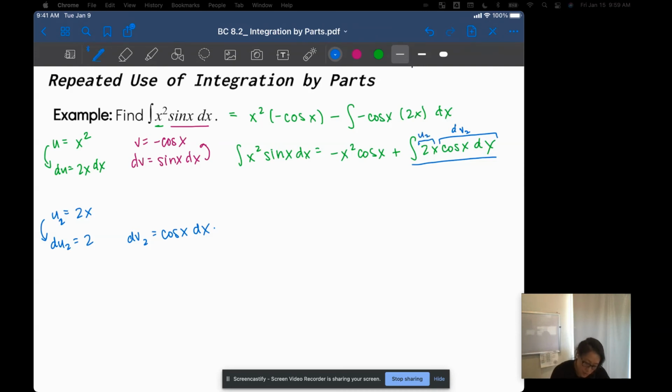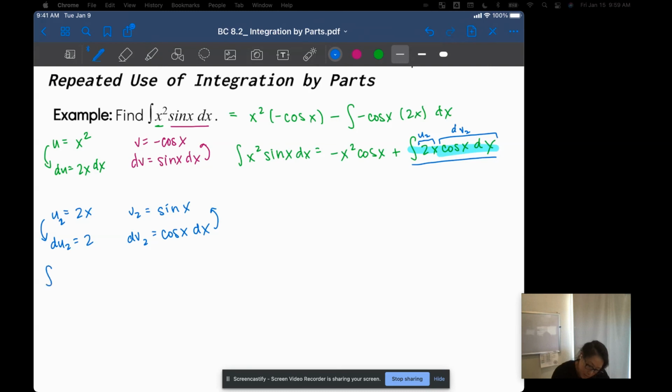Okay, so the antiderivative of dv2, v2, is equal to the sine of x. And the sine of x takes the derivative, I get cosine x. I always double check that in my mind. Okay, so I'm going to rewrite this part over here on the side.